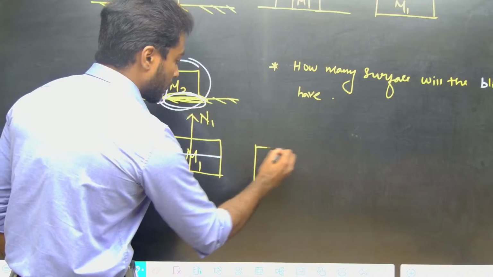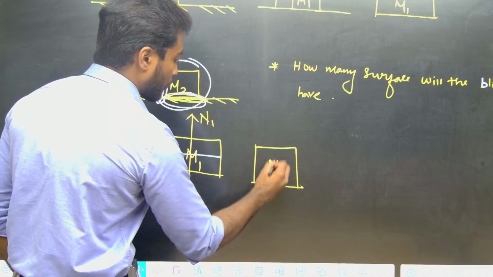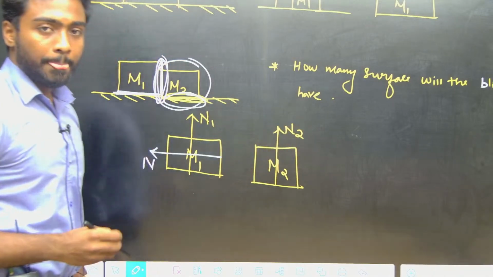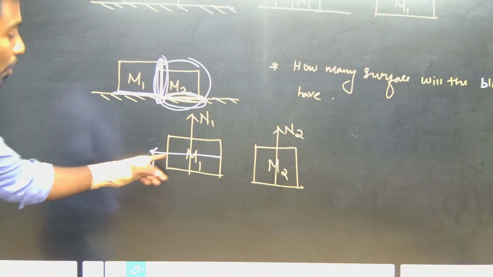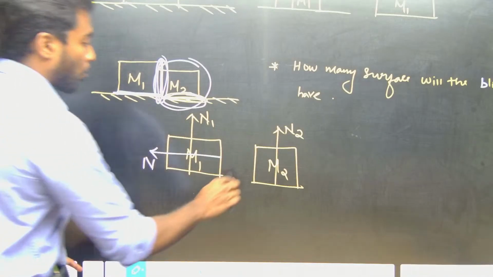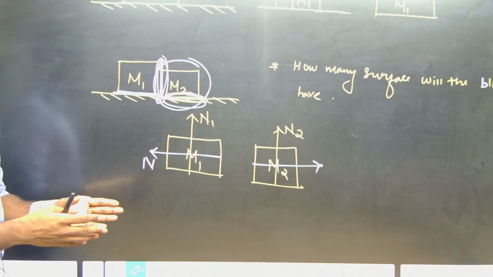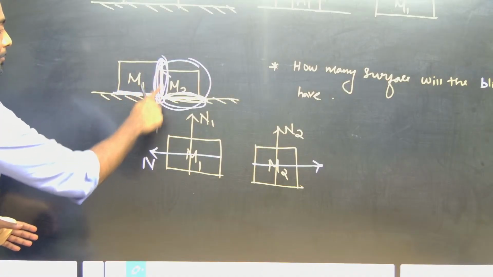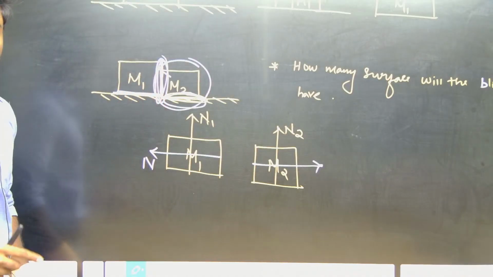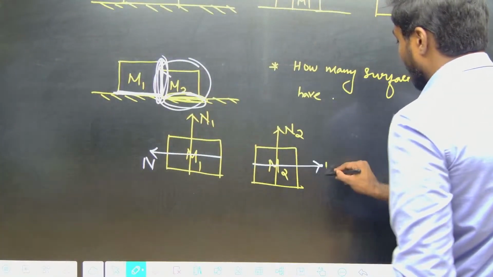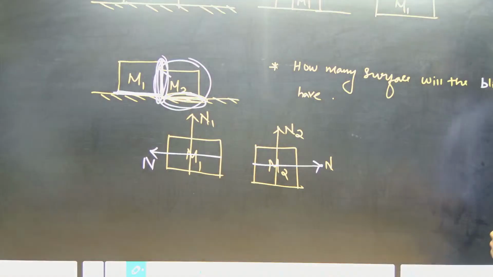So this is my M2. The normal with respect to the ground is N2, and there is one more normal. That normal should be equal. Why? Because both are attached to each other, which means the force between them will be equal. Got the point? So this is how we will draw the normal.